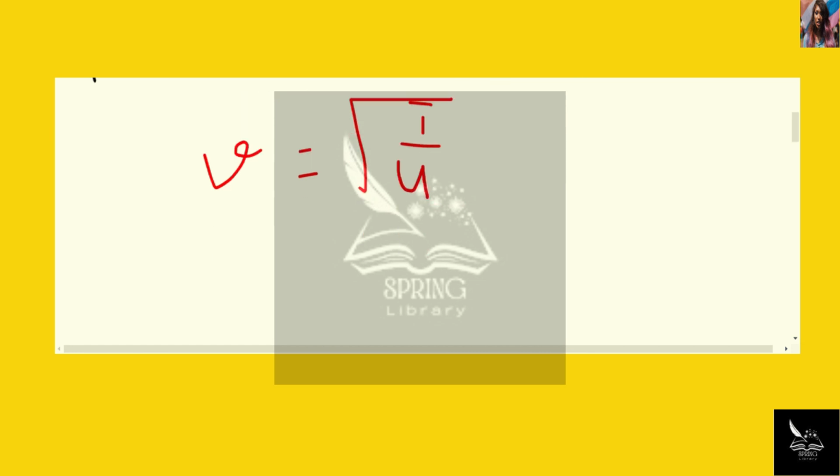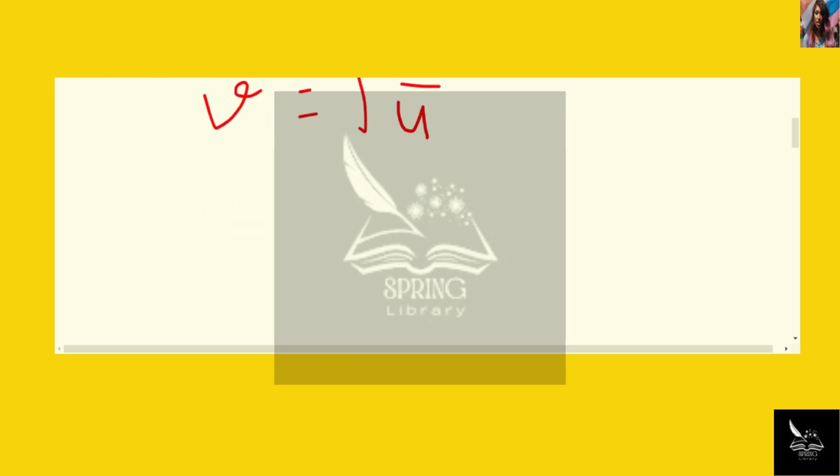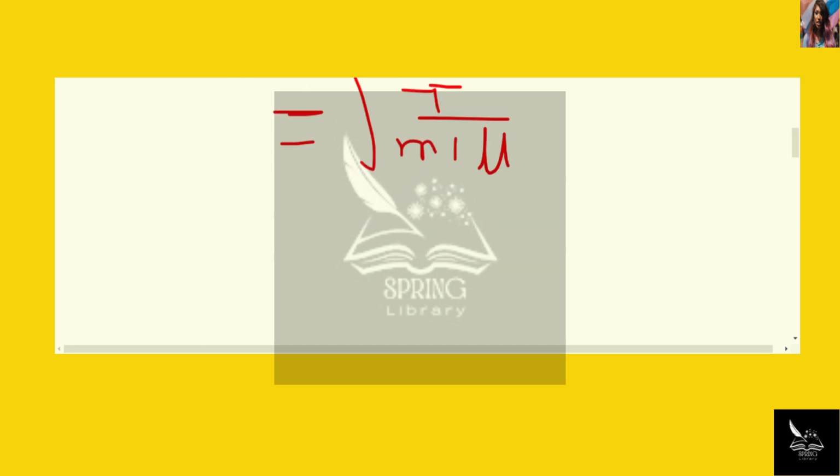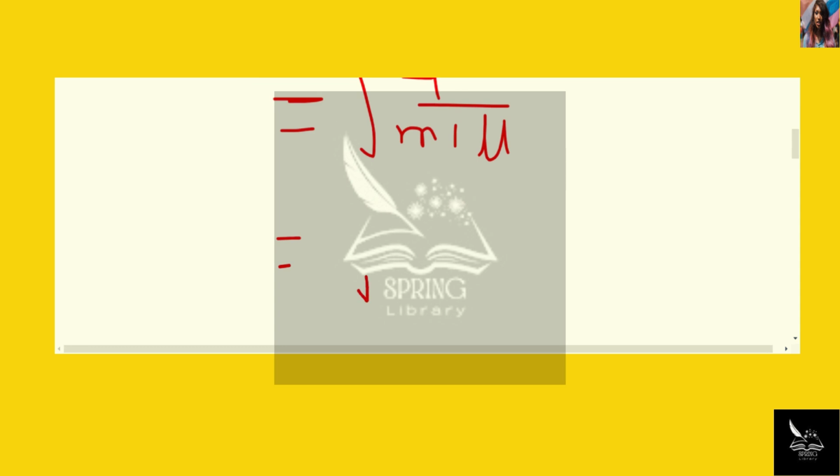Now we are going to substitute mu by M over L, because instead of mu we are putting this value. So mu is equal to M by L. So the answer will be square root of TL upon M.